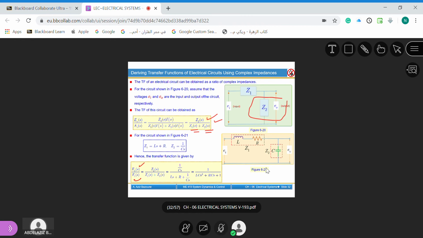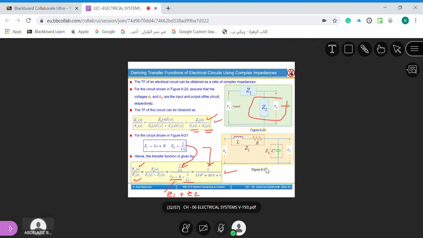Z2 is 1 over Cs, and Z1 plus Z2 will be Ls plus R plus 1 over Cs. You simplify Cs with Cs and multiply Cs by L. It will give you LCs squared plus RCs plus 1. You are done, in one step.